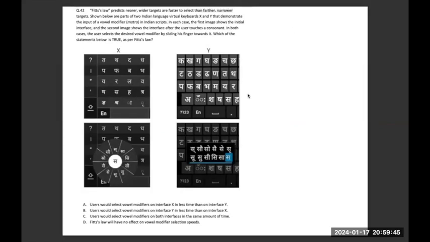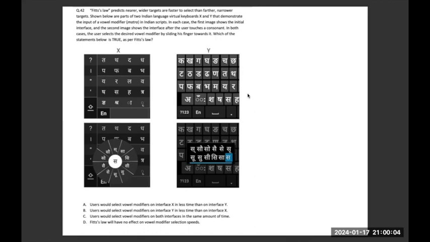Fitts law predicts nearer, wider targets are faster to select than farther, narrower targets. Shown below are the two parts of Indian language virtual keyboards X and Y that demonstrate the input of vowel modifiers, matras.